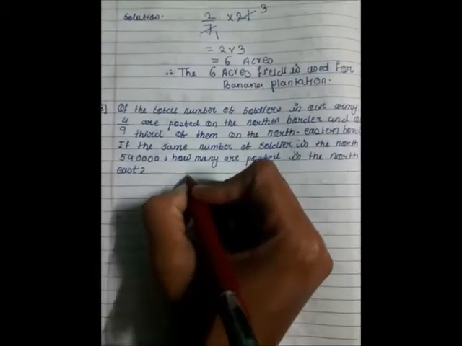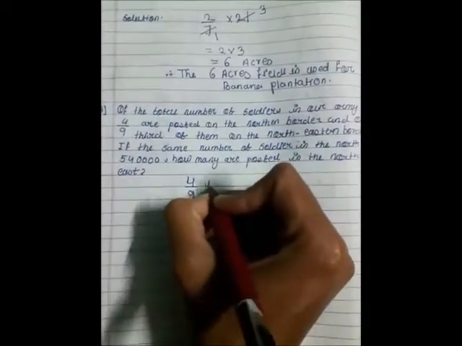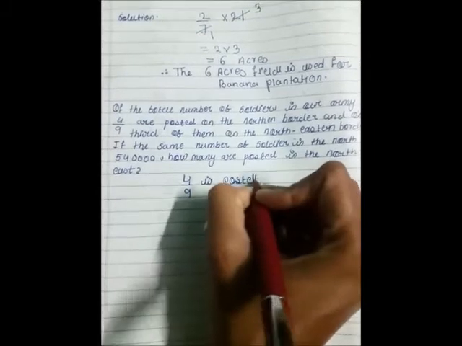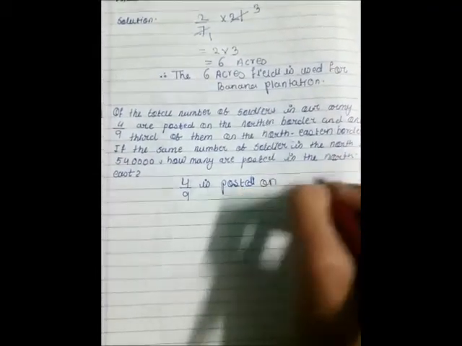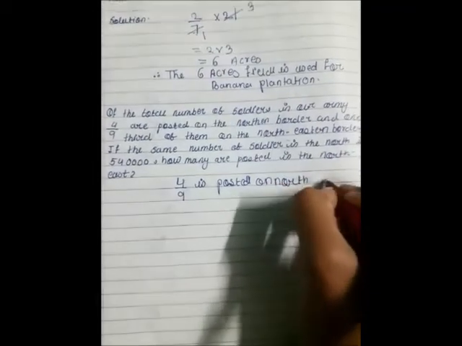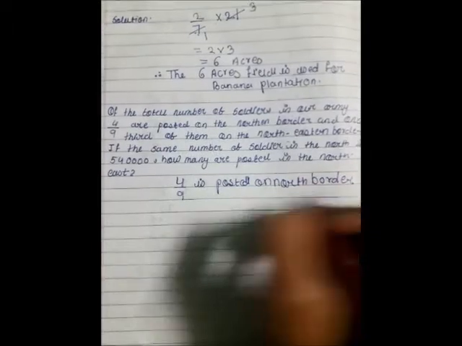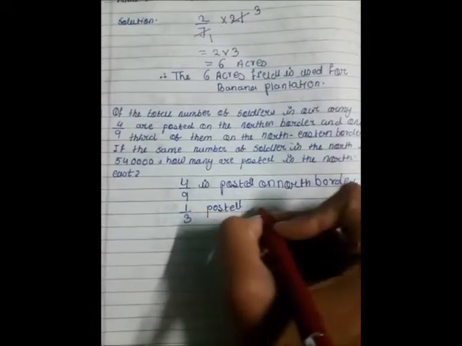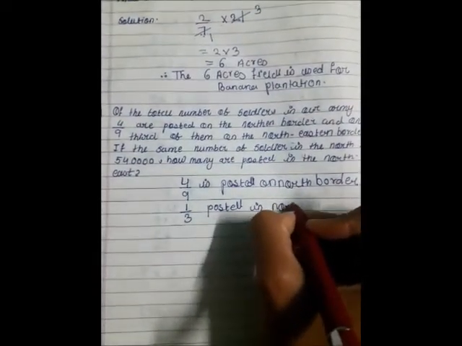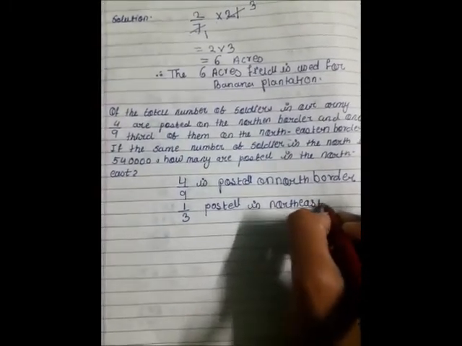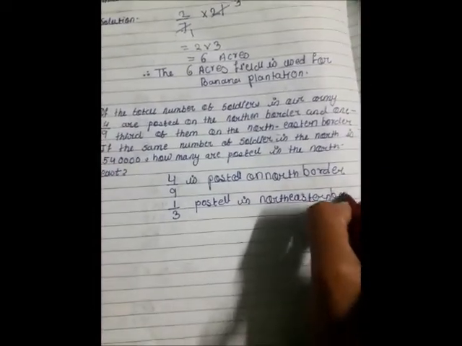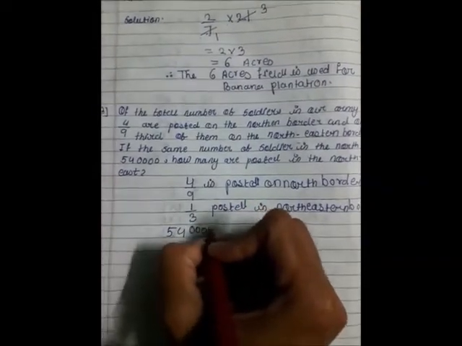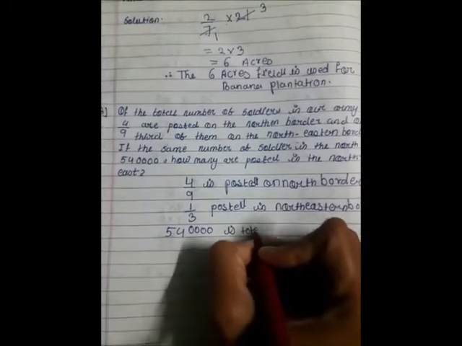So just write down that 4 upon 9 is posted on north border. 1/3 is posted in the northeastern border, and the total number of soldiers is 5,40,000.